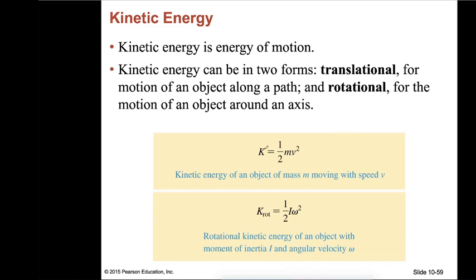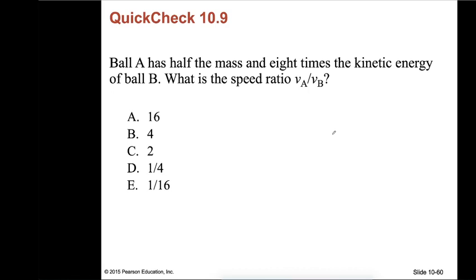For translational energy, the equation is K equals 1 over 2 m v squared. Here, m is mass, v is velocity or speed. Please keep this equation in mind. You will need it for calculations in your exams and homework.